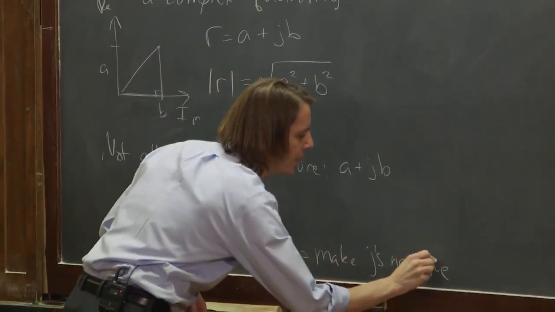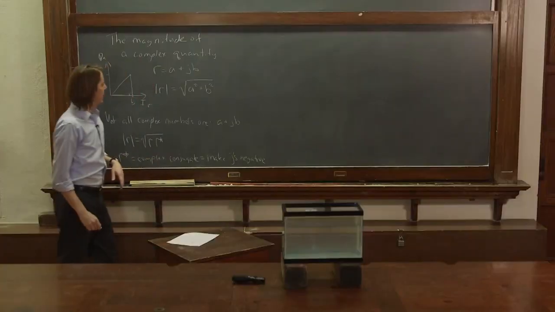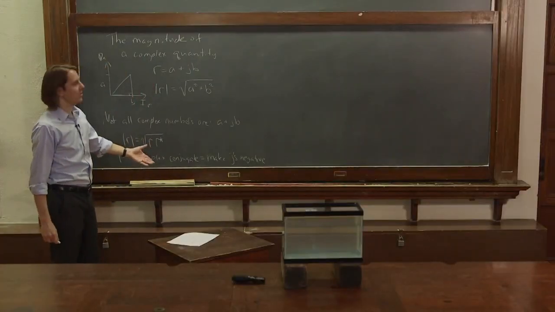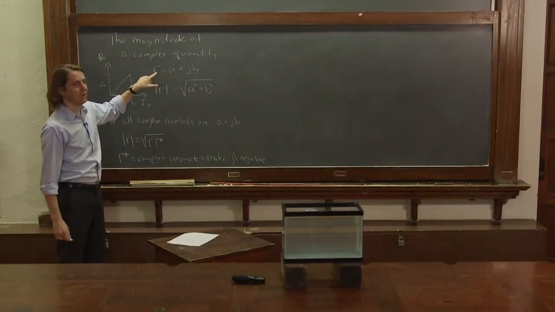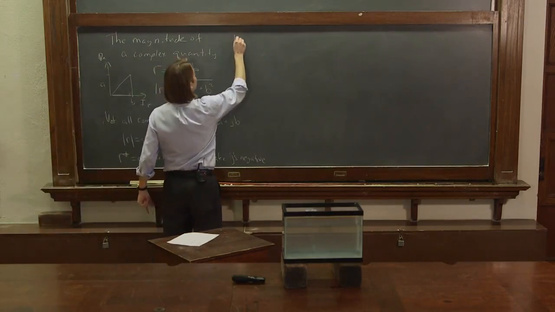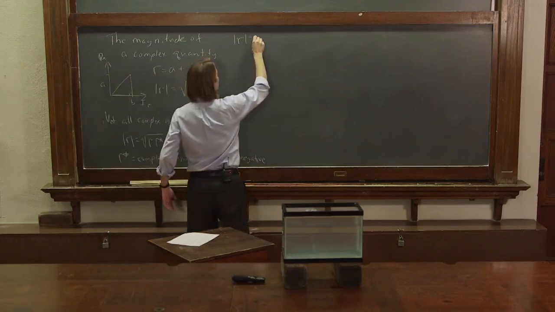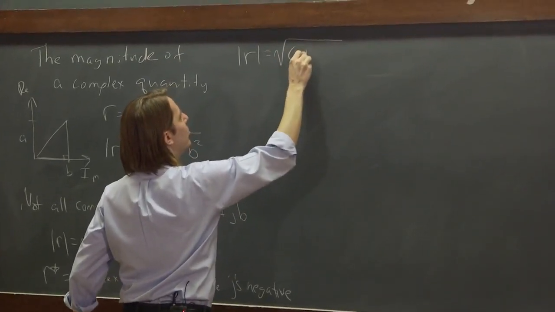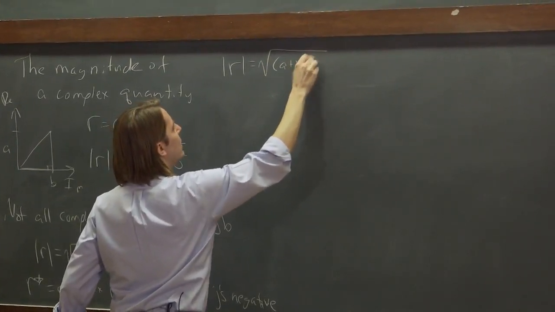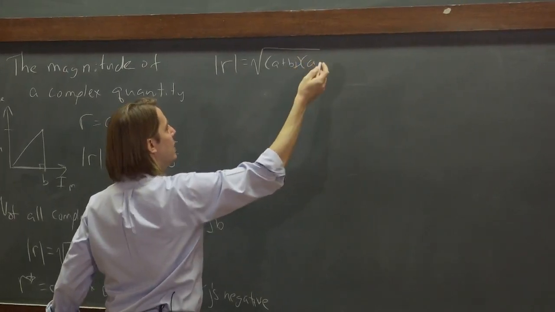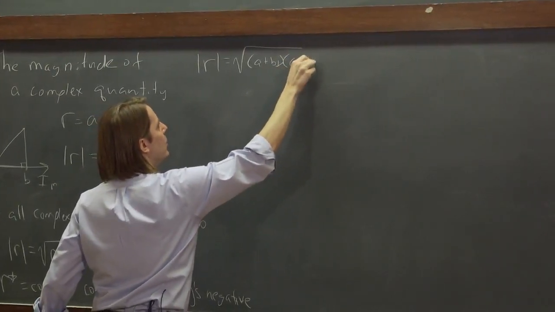All right? And we can prove it with a simple case. Let's apply it to this one. The magnitude of r would be the square root of r times r star, the square root of r, a plus b times j, times r star, a, and then make the j's negative, minus b times j.